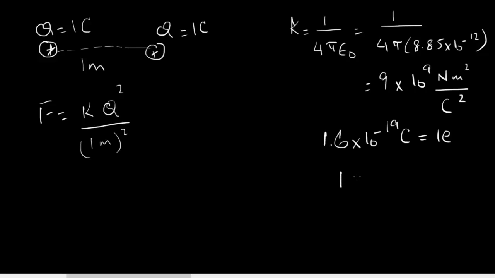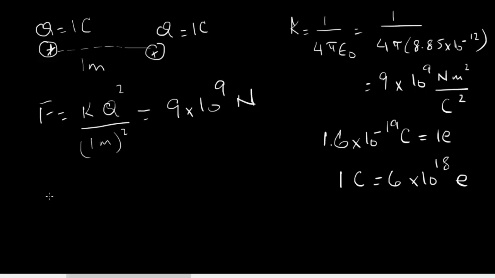So 1 Coulomb is equal to the charge on 6 times 10 to the 18 electrons. So the force between these Q's in this case is going to equal 9 times 10 to the 9 newtons.